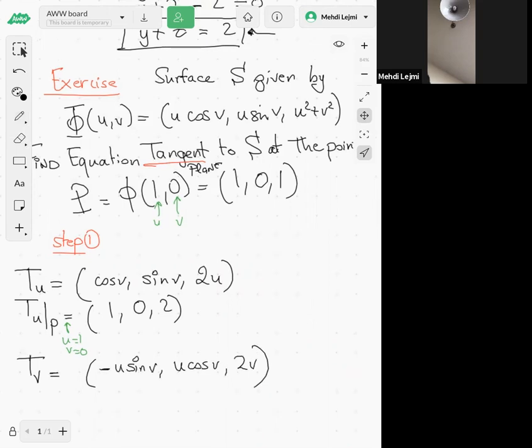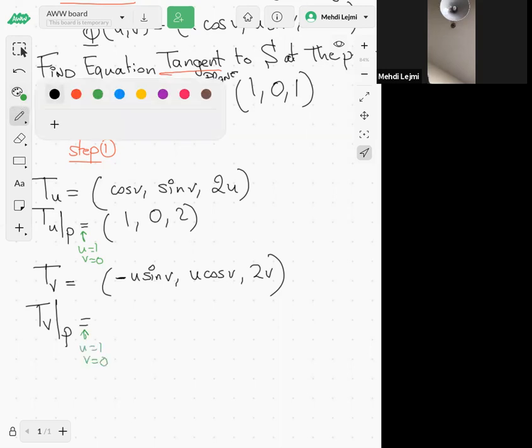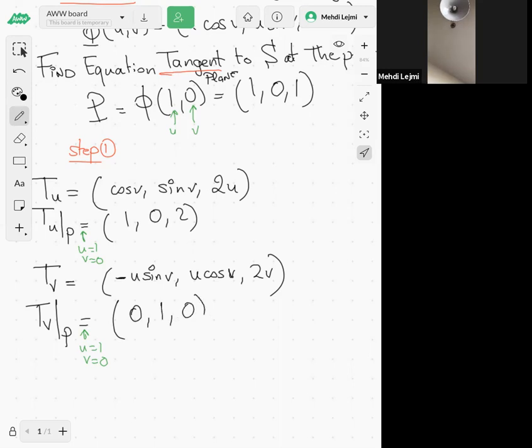And now at the point P, again u is 1 and v is 0. So sine of 0 is 0, cosine of 0 is 1 times u, which is 1, and 2v, v is 0, so it's just 0.